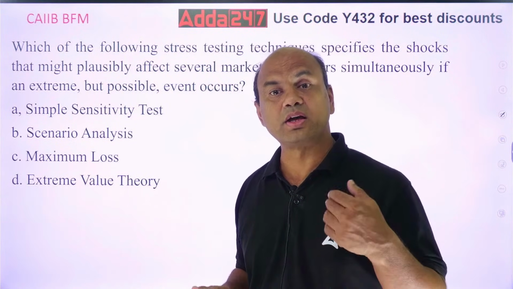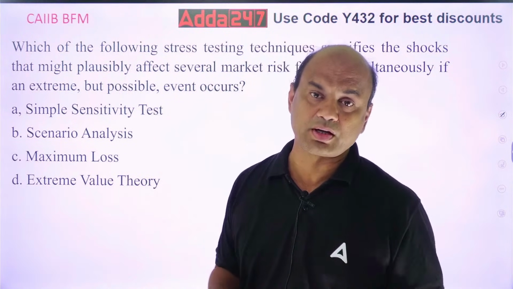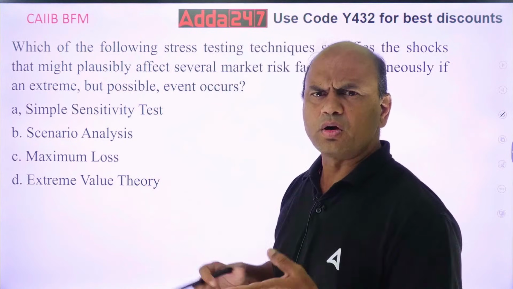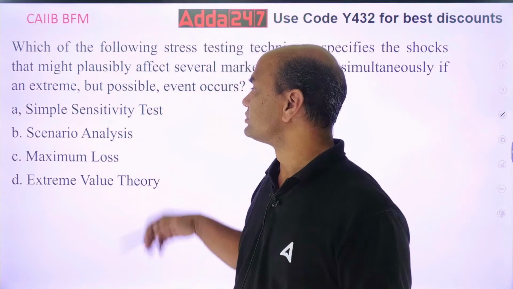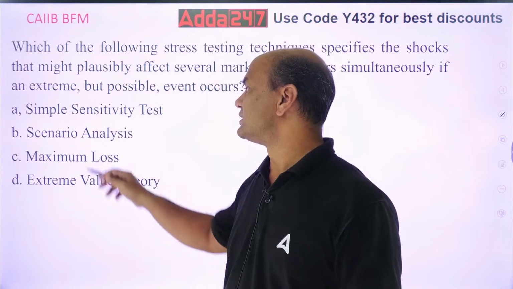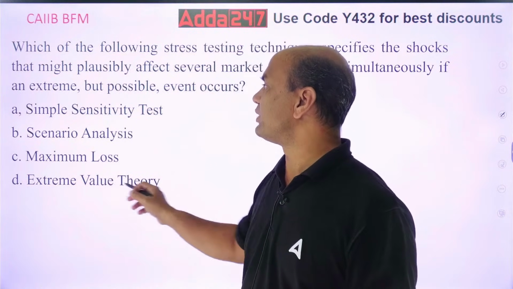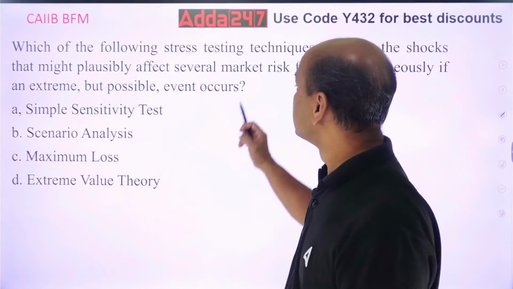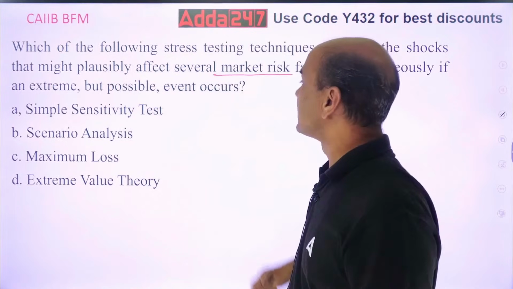Repo rate is going up, then there is a war going on, GDP is going down, your bank is facing a problem internally. All the things can happen at the same time. So, simple sensitivity, scenario analysis, maximum loss and extreme value theory. Which one will give you the scenarios of several market risk factors simultaneously?